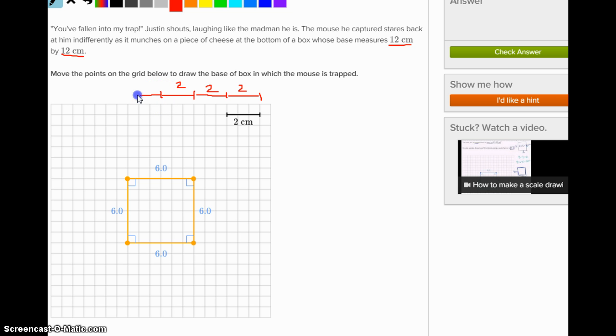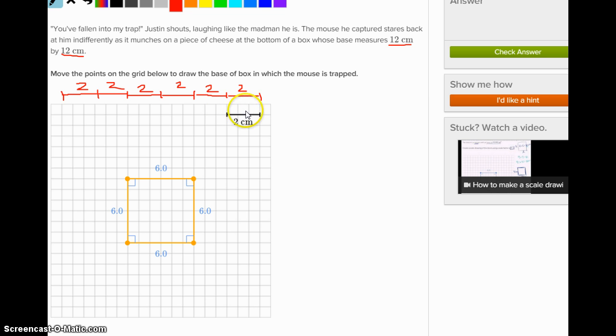And another gives me 8. And another gives me 10. And another gives me 12. So I need 6 of these 2 centimeter distances to make up 12 centimeters.